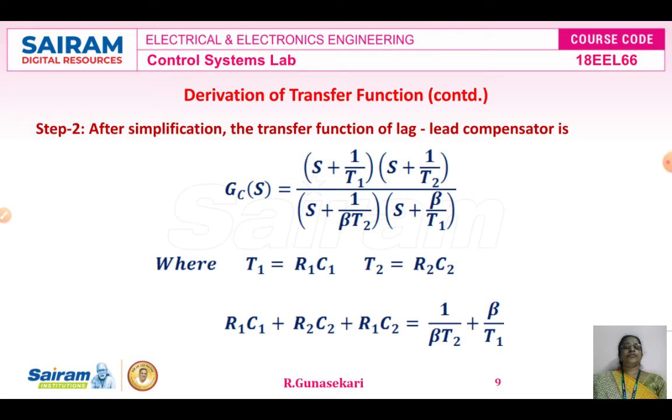In this transfer function, T1 represents R1C1 and T2 represents R2C2. Therefore R1C1 plus R2C2 plus R1C2 equals 1 by beta T2 plus beta T1.